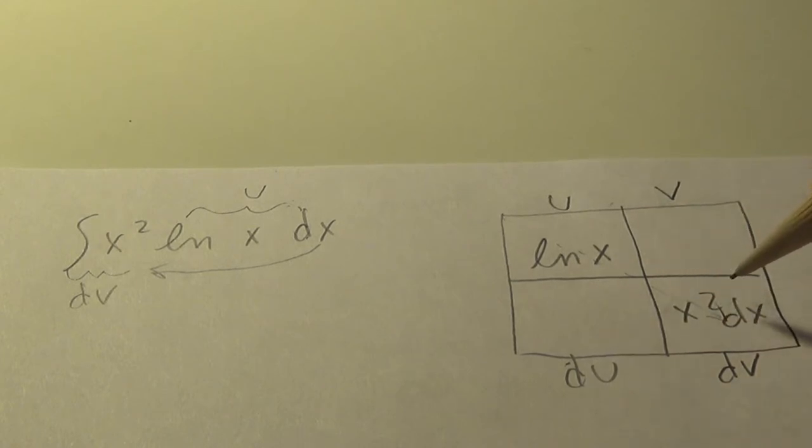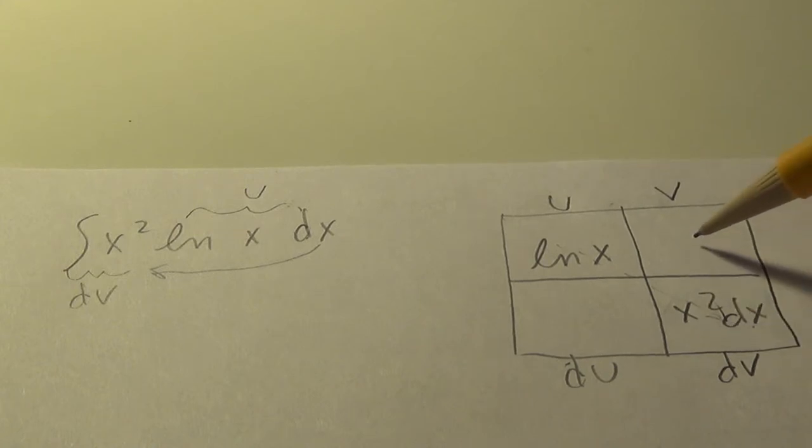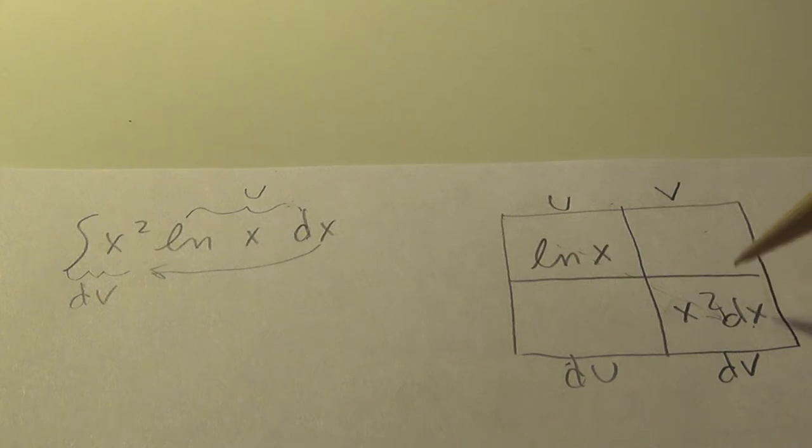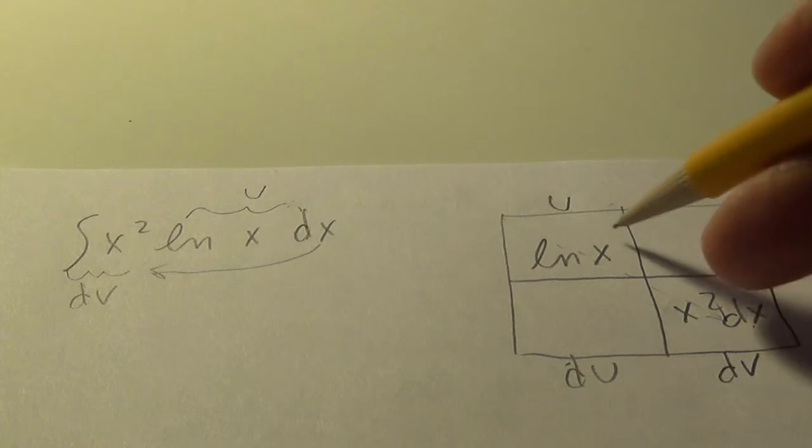Now, I didn't have any choice on that one, because if I put the ln x in as my dv, which is the other choice, I'd have to integrate it. And I don't know if you've noticed, but we don't know the integral of ln of x, because we know the derivative of ln of x is 1 over x. But we do not know the integral, so it had to go this way.